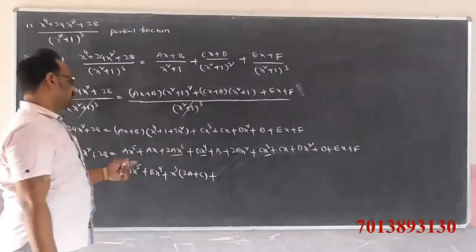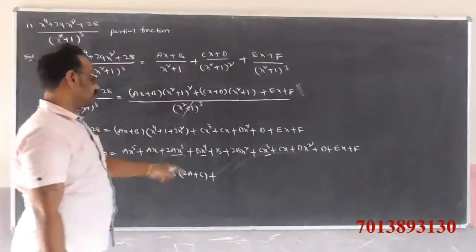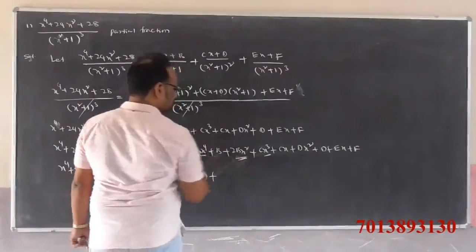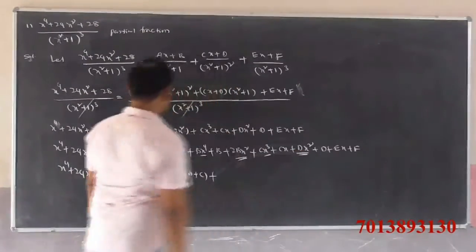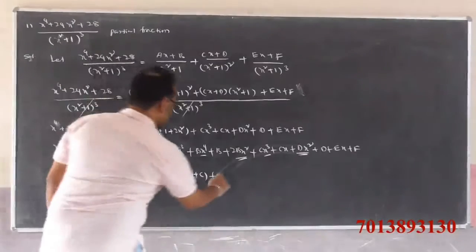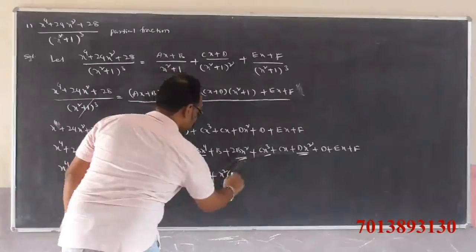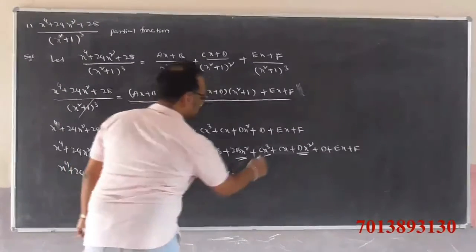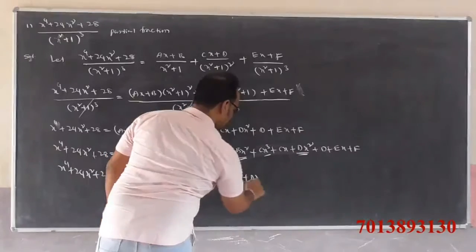Plus x^2 terms, x^2 1, this is also 1, 2 is there, take x^2 as common, we get (2b + d).